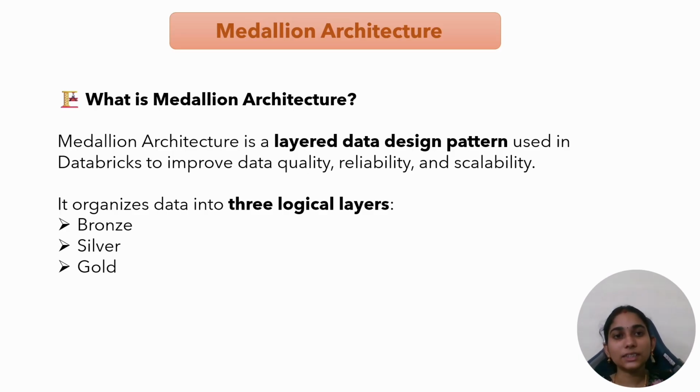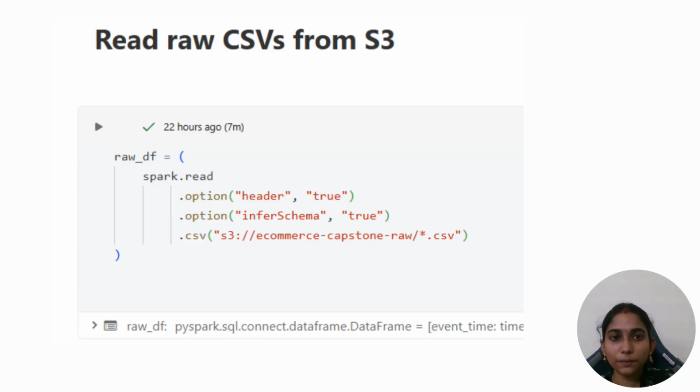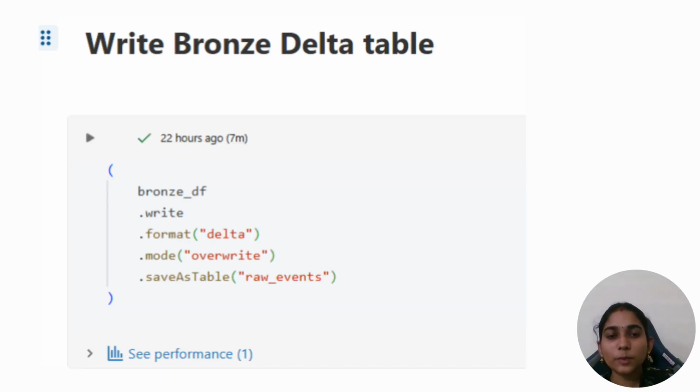Medallion architecture is a layered data design used in Databricks to improve data quality, reliability, and scalability. It organizes data into 3 layers: bronze, silver, and gold. In the bronze layer, I created a bronze schema and read the raw data from S3 into a data frame. No transformations were applied.